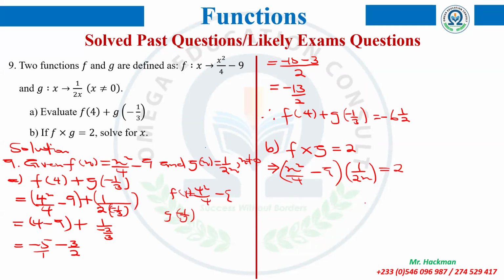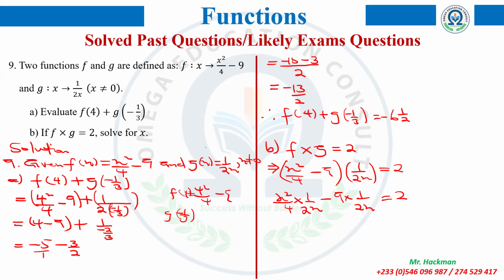Let me write it just for the purposes of explanation, otherwise I would have done that mentally. So x squared over 4 times 1 over 2x. Do you agree? Then minus 9 times 1 over 2x is equal to 2. Do you agree?